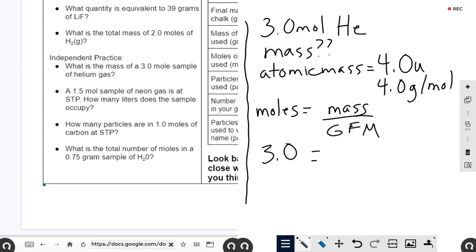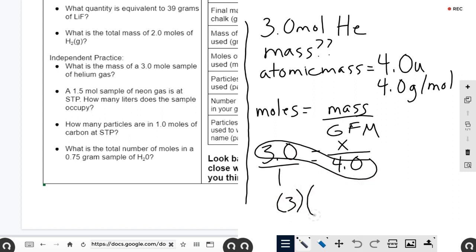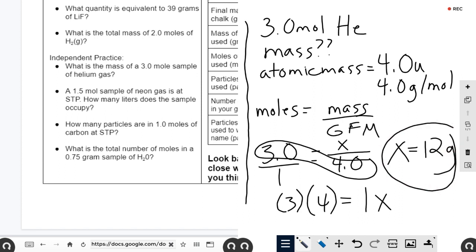The mass is what I'm trying to find, so x. The gram formula mass that came from the periodic table is 4.0. I can put it over 1 and cross multiply, right? So 3 times 4 equals 1x, so x equals 12. 12 what? Grams. So the mass is 12 grams.